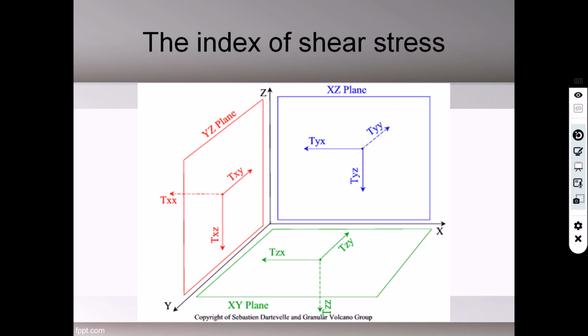Let's assign Rn to be (A, B, C). And RP is easy, right? Because for RP, you take any arbitrary point, so it should be (x, y, z) minus (x0, y0, z0). So you get this one as your RP. And then you do a dot product of them.